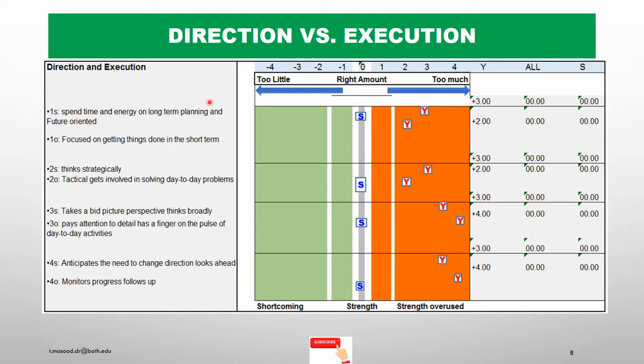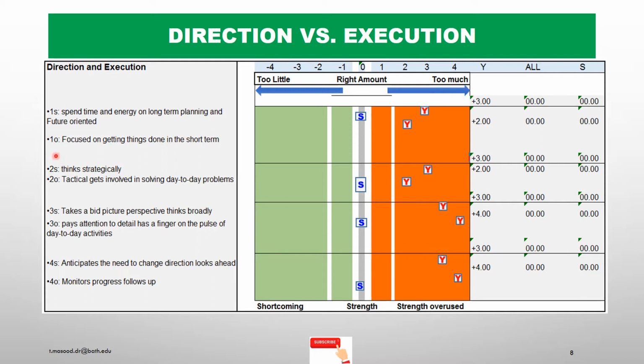Now in the first instance, you can see 1S and 1O. 1S strategic, 1O operational. 1S spends time and energy on long-term planning and is future-oriented; 1O is focused on getting things done in the short term. In my first two instances, I am gaining scores of +3 and +2.